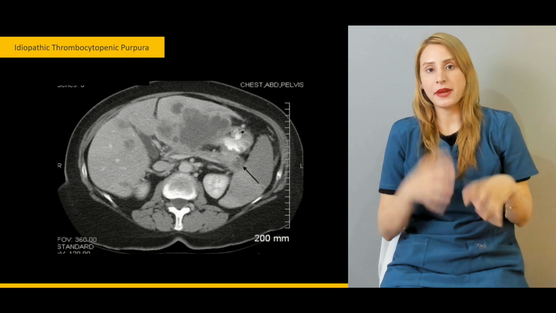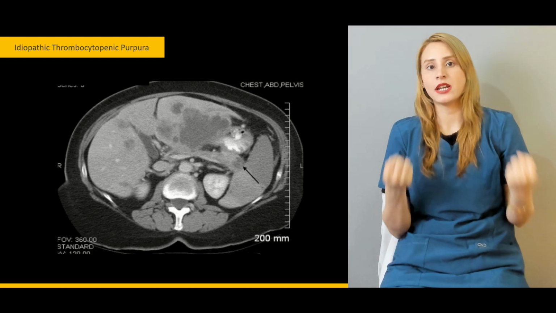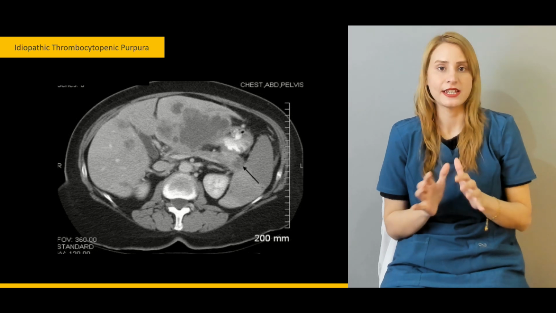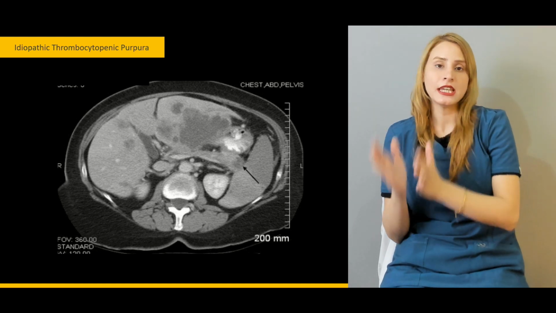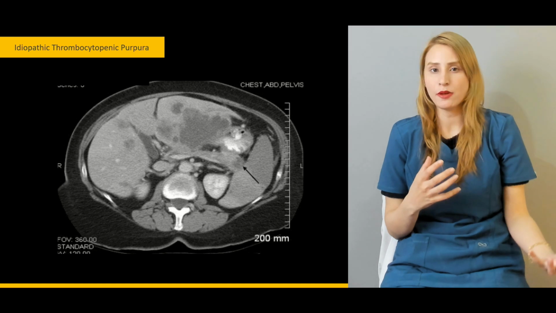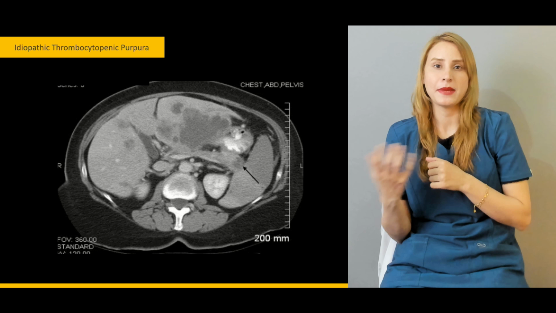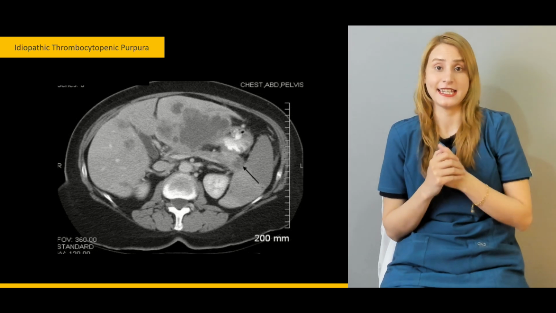So, if the bone marrow comes out to be normal, then you will think about idiopathic thrombocytopenic purpura. And if the bone marrow is hypocellular, then you will think about aplastic anemias.